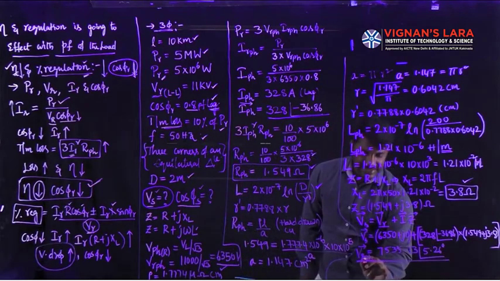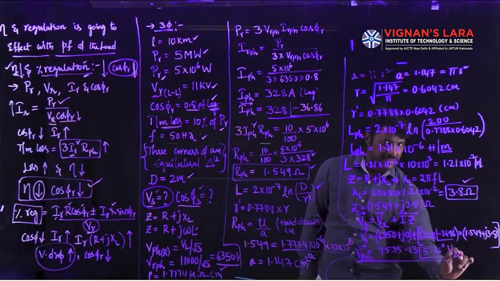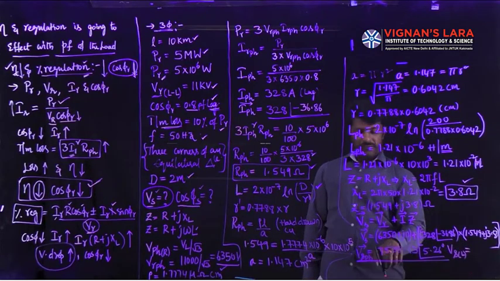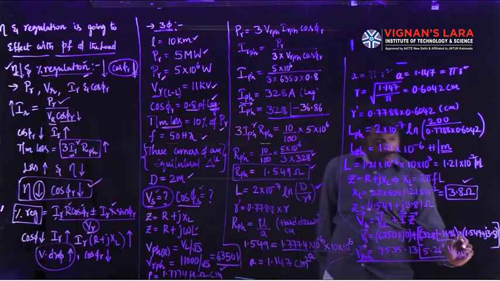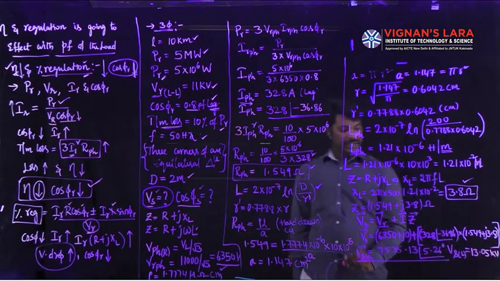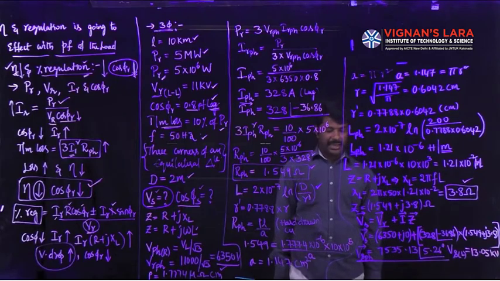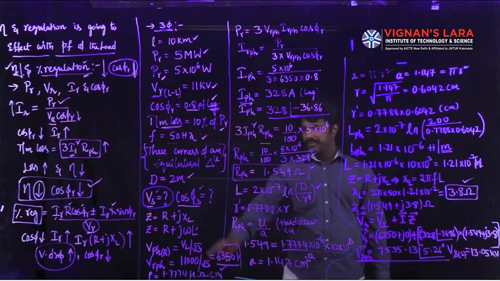So V line, the sending end side line value Vs line, is equal to V phase into root 3. So multiplying it with root 3, we will get the line value, which is equal to 13.05 kV.